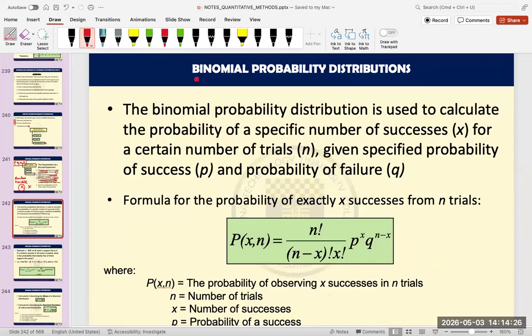Whenever you want to find the binomial probability distributions, binomial, bi means two. So bi means two possibilities. And the two possibilities are that either you will have success or you will have failure.